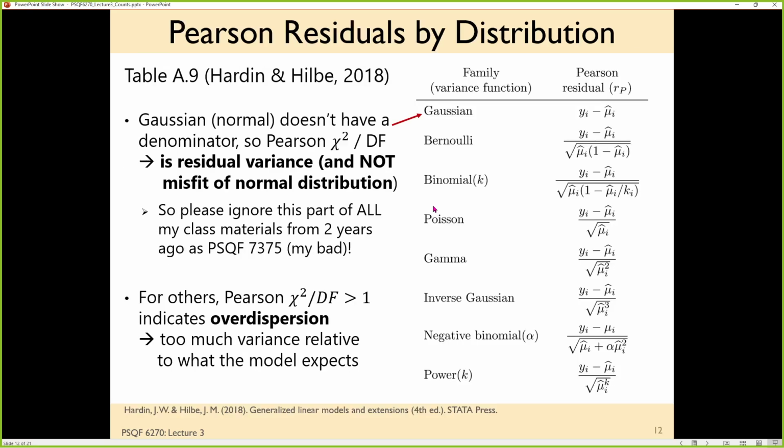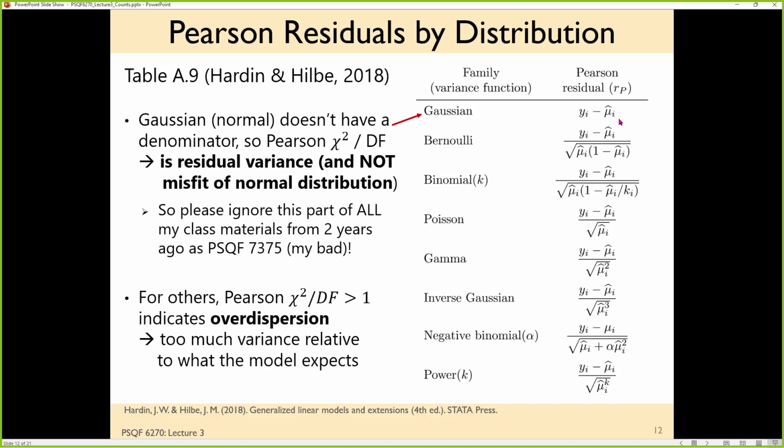Yeah, no. Because in every other distribution for which this statistic is available, there's a denominator that says what the model thinks the standard deviation should be at that point to judge it against. And look what's not in Gaussian. By the way, what does Gaussian mean? Normal.